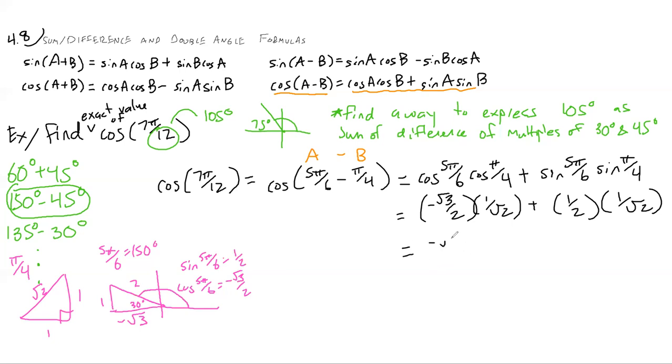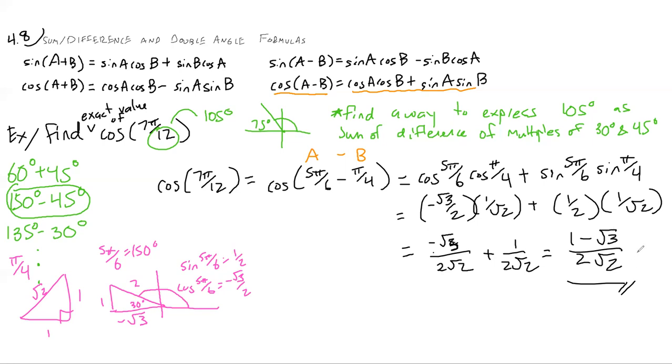So I get negative root 3 over 2 root 2 plus 1 over 2 root 2. So I'd have 1 minus root 3 over 2 root 2. I would be okay with this answer. You might find the textbook or whatever reference you're using might clean it up a little bit more.